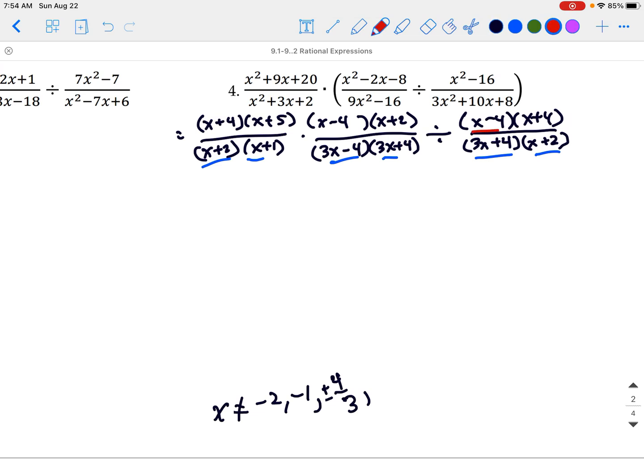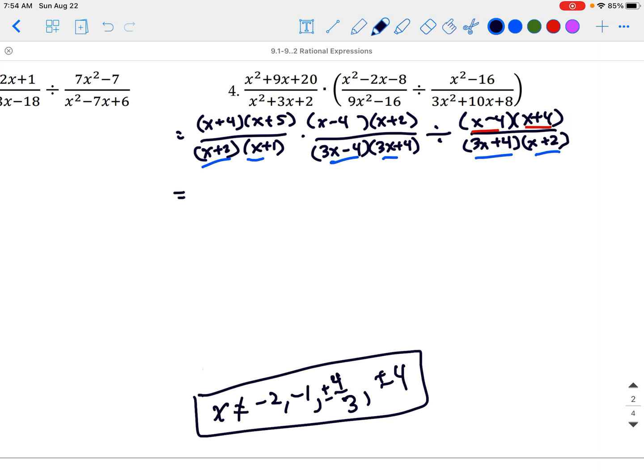But then we're also going to exclude these divided values. So plus or minus 4 are also going to be excluded, since those are going to be division by 0 problems if we let x equal 4 or -4. And so now we can reciprocate and then evaluate. So we'll write out all of our terms here.